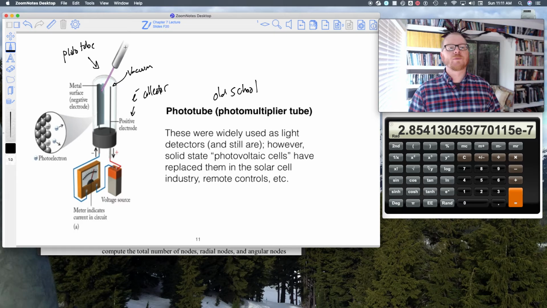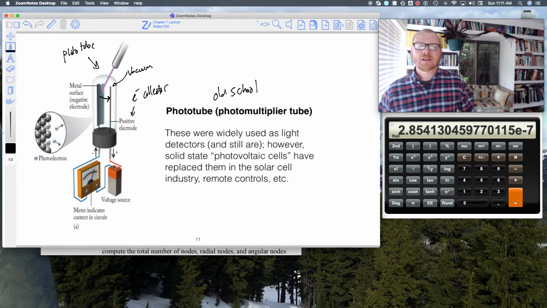What ends up happening is that when light of a very specific frequency or energy, slightly above the minimum energy of whatever the metal is, hits that surface, an electron gets ejected into this collector electrode, and it completes the circuit. So now you've got electrons that flow into this device and out the other device, which is pretty cool. These are widely used as light detectors.